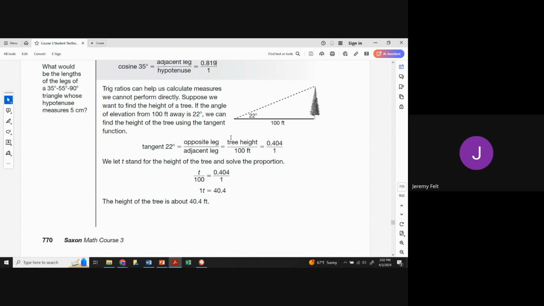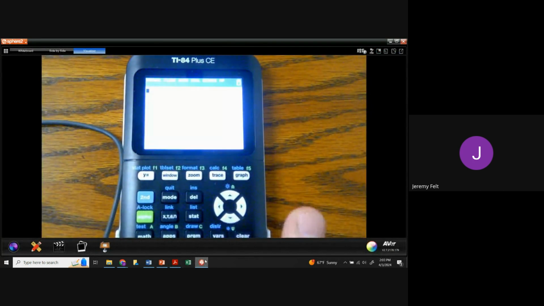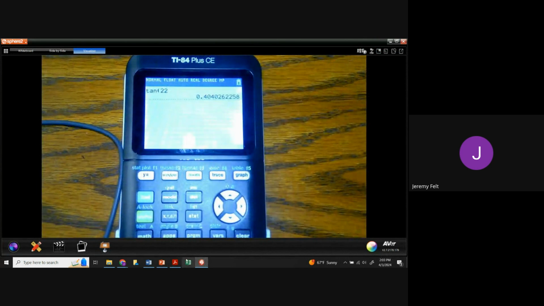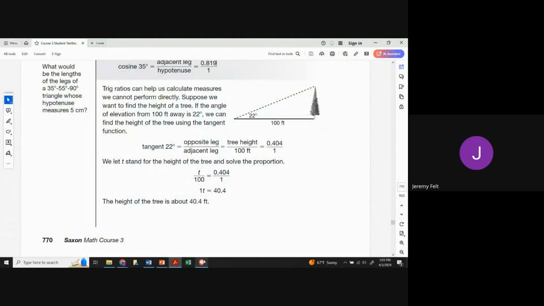So opposite over adjacent, the tree height over 100 feet, equals the tangent of 22, which gives us that, and that's why they rounded it off to three decimal places, 0.404.